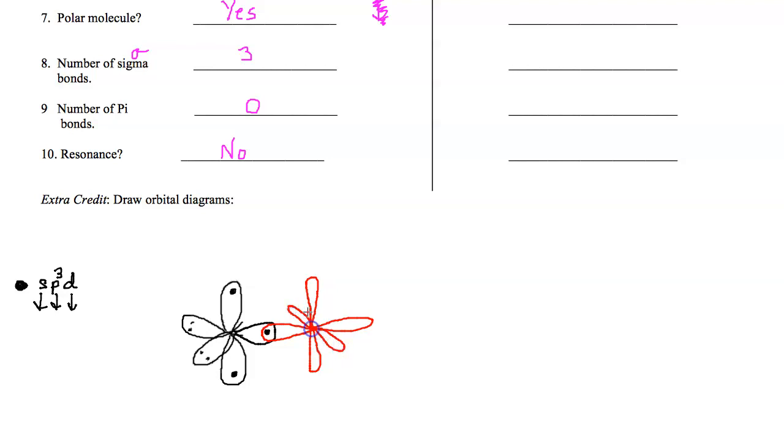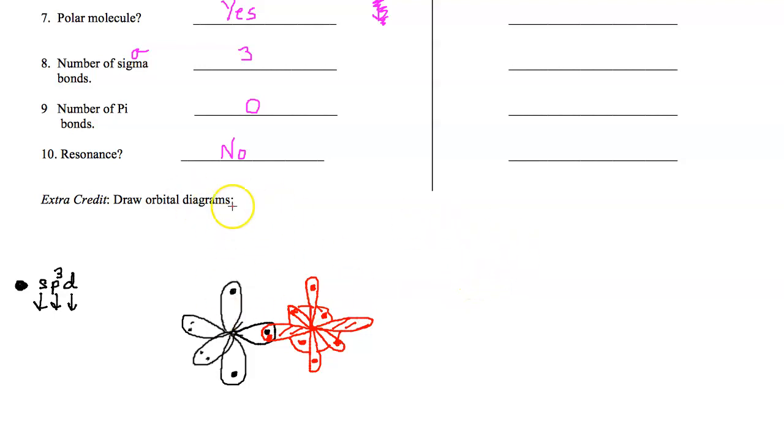I'm going to draw the s a little smaller so we can see the overlapping. Put the valence electrons in: 1, 2, 3, 4, 5, 6, and 7. Don't forget that this orbital is filled.